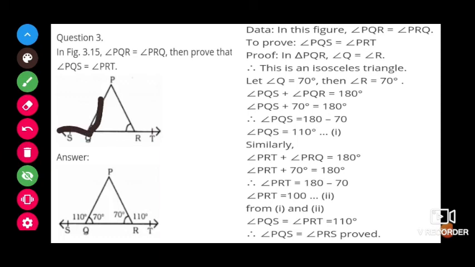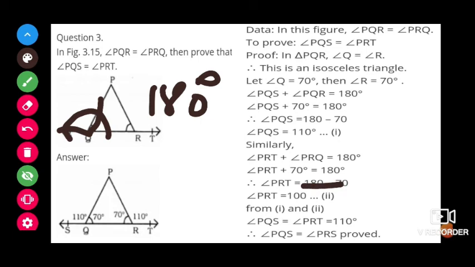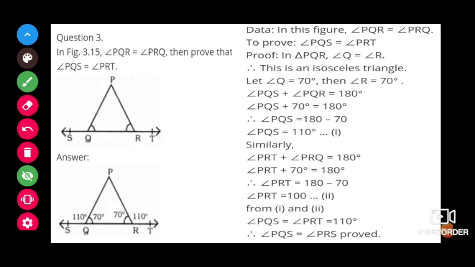How will we get PQS? If we subtract this angle from the total angle 180, we will get this angle.